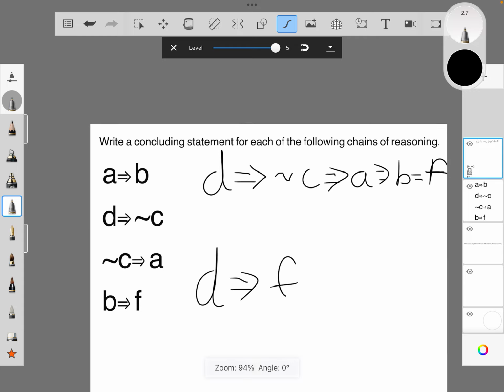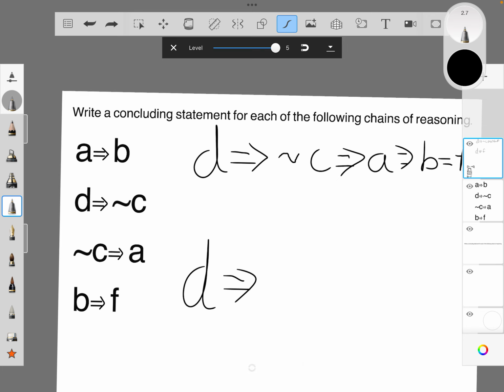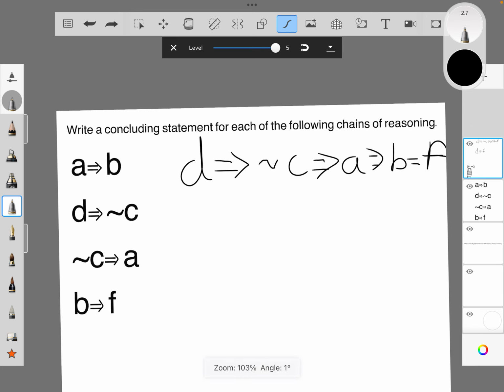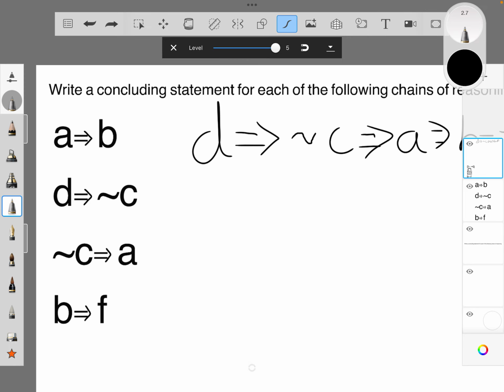Now you might be thinking, what happens if I start with F? Well, we could also do that, and we would get the same answer. If you don't believe me, you can try this.